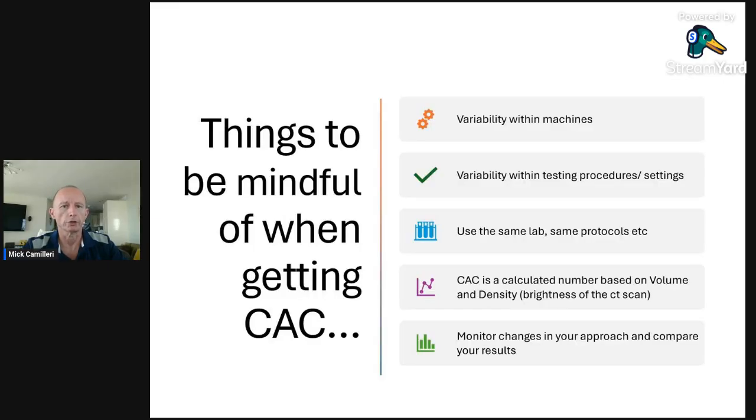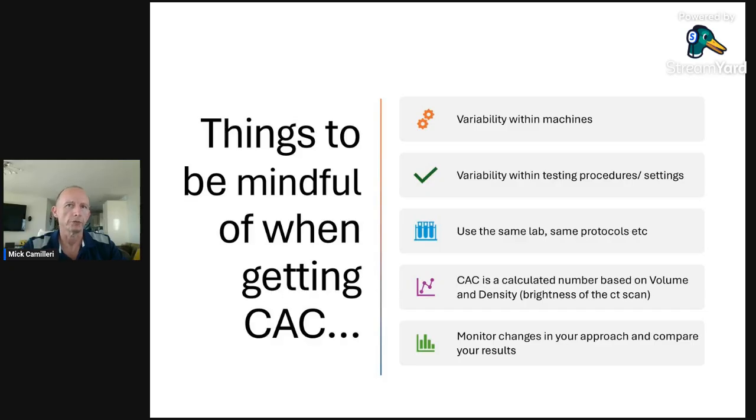A couple of things to note: when you're getting a CAC or repeat CACs done, try to use the same machine at the same lab using the same protocols that you did previously. There is variability within the machines.